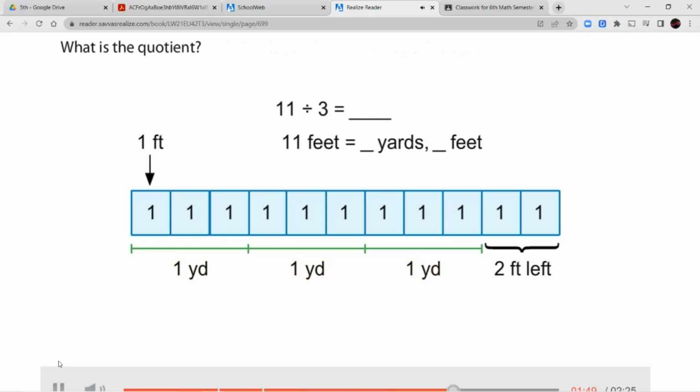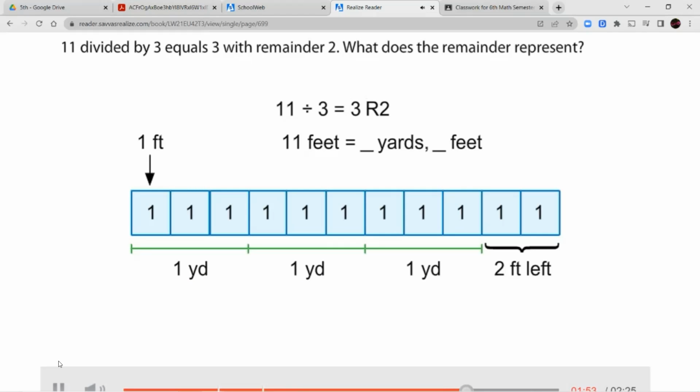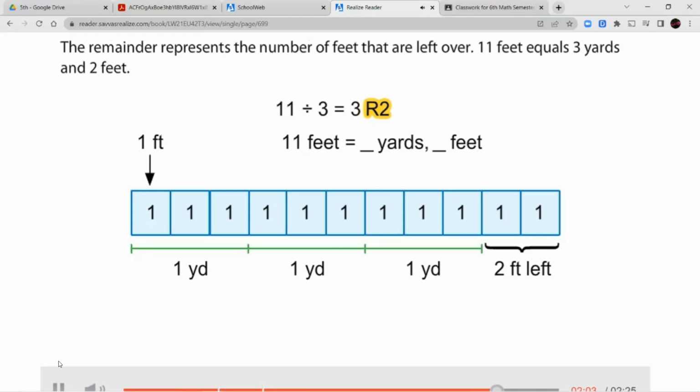What is the quotient? 11 divided by 3 equals 3 with remainder 2. What does the remainder represent? The remainder represents the number of feet that are left over. 11 feet equals 3 yards and 2 feet.